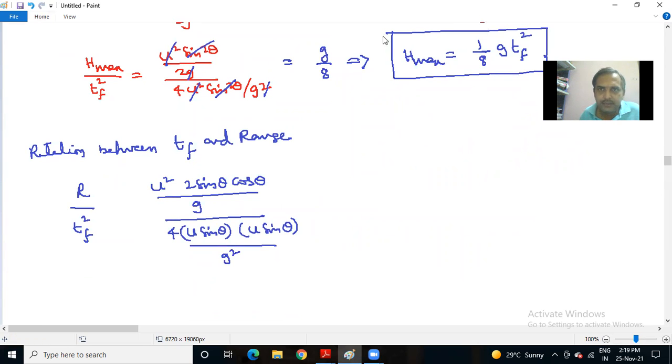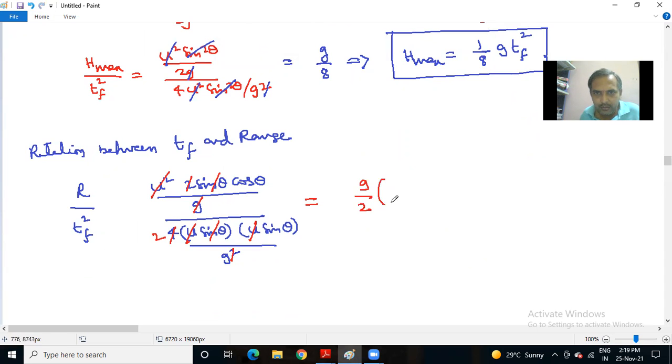Now you can cancel u square, this u and this u. Then 1 g also you can cancel. So there is also cancellation of sine theta, sine theta, along with cancellation of the 2. So you get cos theta by sine theta, and g will go up.